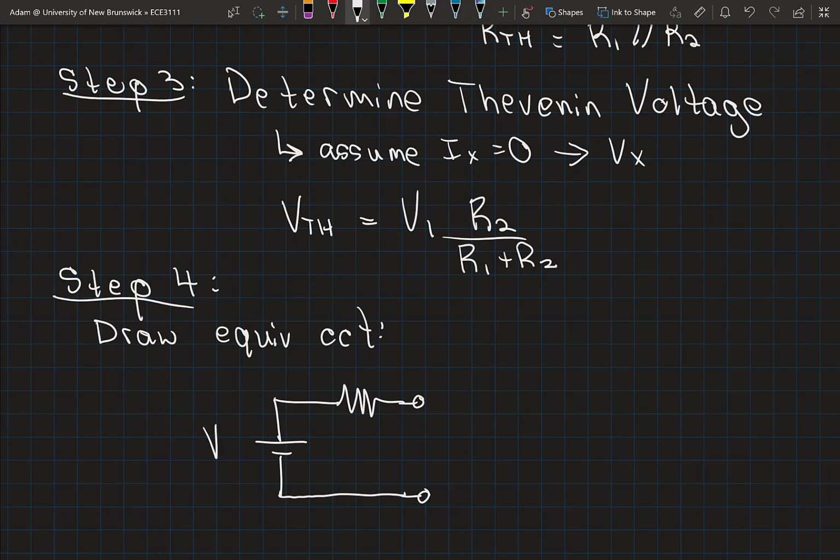Okay, so this is V Thevenin, this is R Thevenin, and now we can replace the circuit that we started with by this Thevenin equivalent circuit, and we can use it to calculate Vx, if we know Ix.